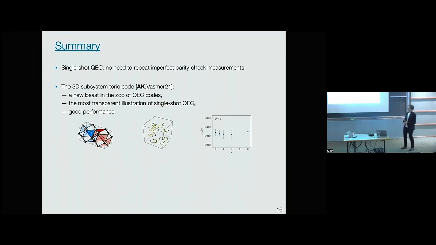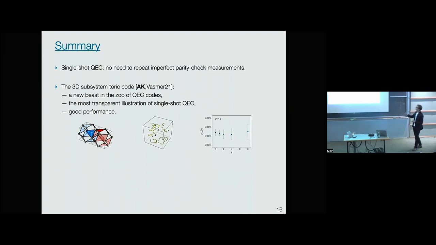So the 3D subsystem toric code that I try to illustrate to you is a new beast in the zoo of quantum error correcting codes. And to me, it's the most transparent illustration of single-shot quantum error correction. We measure the parity checks, they form flags, and then from the flags we can infer point-like syndromes, and then using those point-like syndromes we can do reliable error correction.